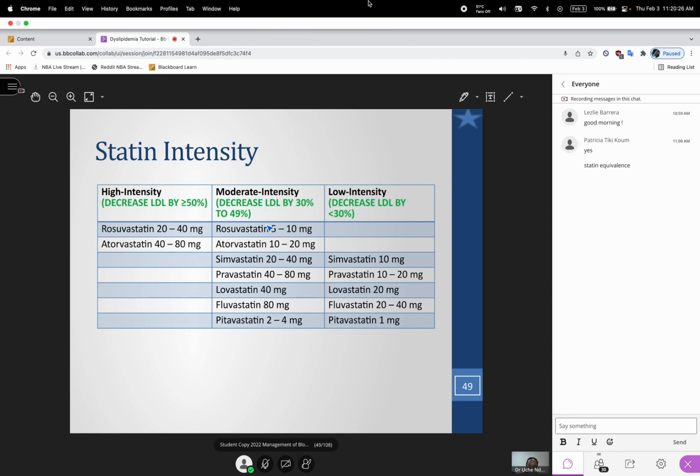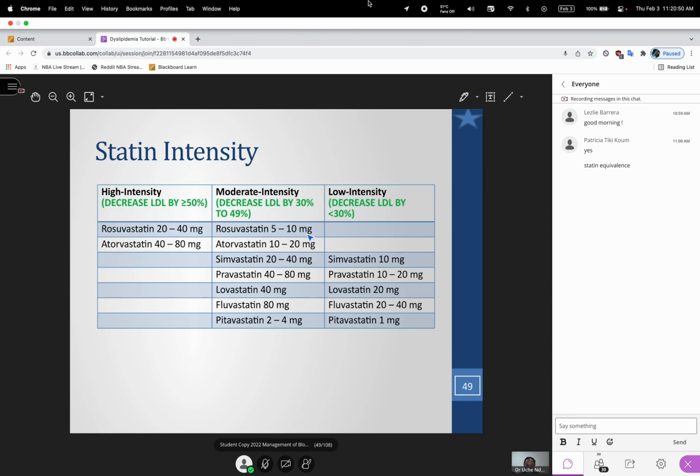All right, this is another statin slide that explains high intensity, moderate intensity, low intensity. We don't recommend low intensity at all. High intensity is rosuvastatin 20 to 40 and atorvastatin 40 to 80. And we expect it to decrease LDL by at least 50%, moderate intensity 30 to 59%.